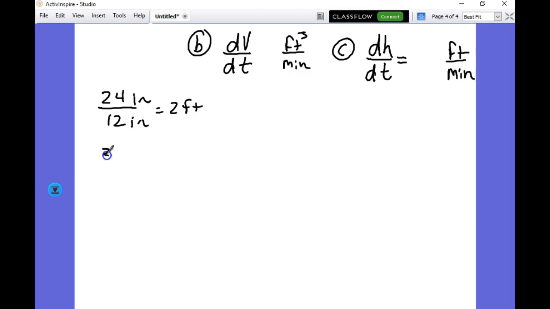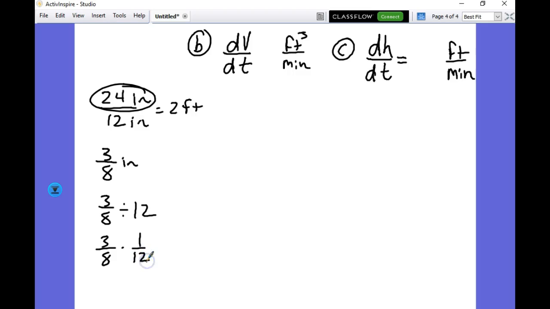But then if I said, how many feet is 3/8 of an inch, you're all of a sudden going to get confused. But just remember, if it worked for 24 inches, it's going to work for 3/8 of an inch also. So in other words, I need to divide 3/8 by 12. And doing a little bit of basic math here, same change, flip, reduce, we end up with 1/32 of a foot.